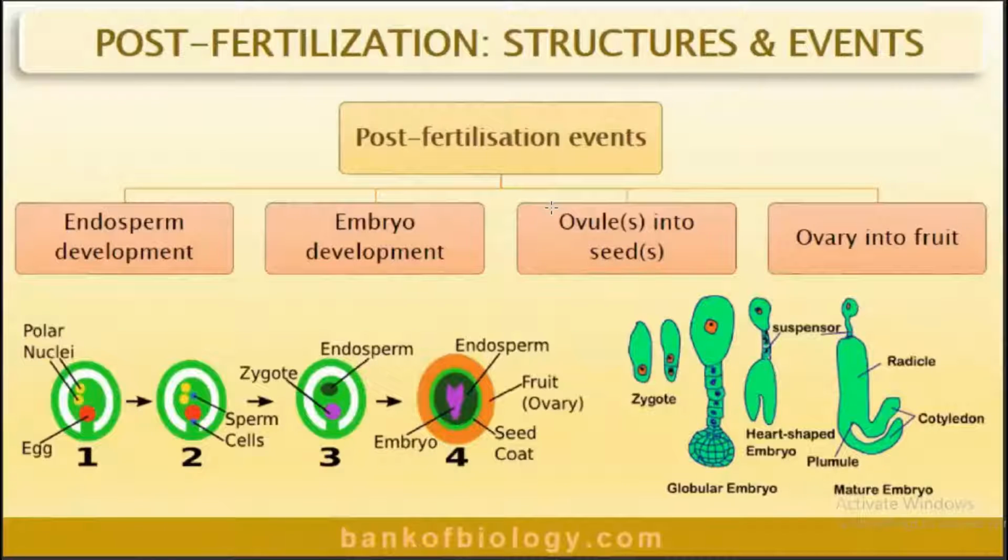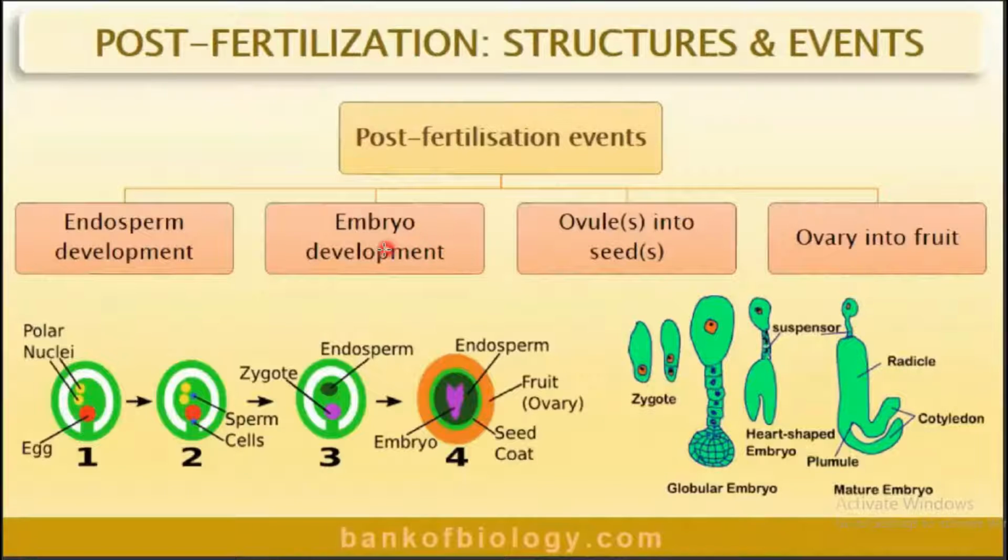After fertilization, what all changes are there? Based on this flow chart, it is very clear that after fertilization, ovule gives rise to seeds and ovary gives rise to fruit.